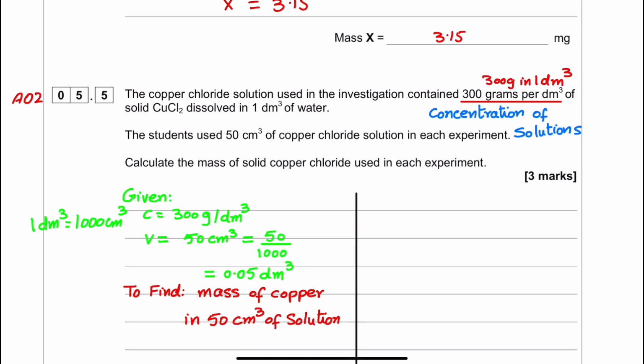Therefore, 50 cm cube, we need to divide by 1000 to convert cm cube into dm cube. And the volume is 0.05 dm cube. The student will get 1 mark here. Now the students use ratio and proportion method, which is comparatively easy for the students, between the volume and the mass.